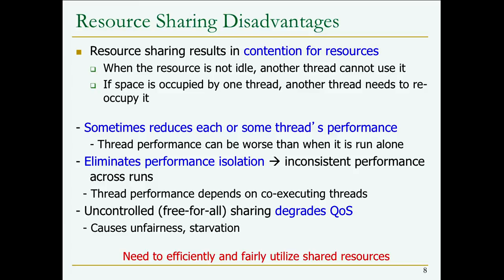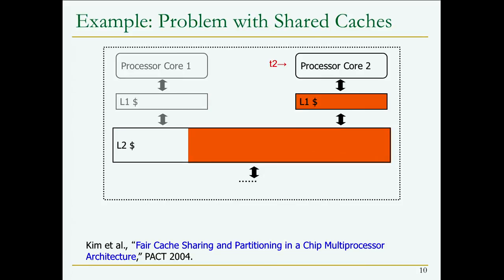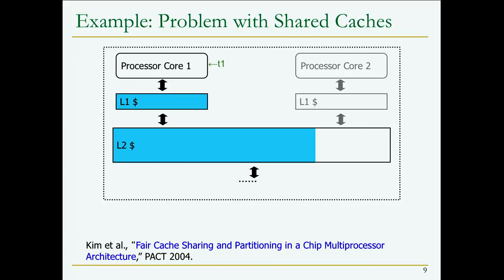Okay, so basically, if you're doing the sharing, you need to really efficiently and fairly utilize the shared resources. And I'll give you an example. These are slides from a paper that was published a long time ago, 13 years ago. Basically, if you have a shared cache and two different applications, let's assume this thread occupies part of the shared cache. And then later, it requires this much of the shared cache if it's running alone.